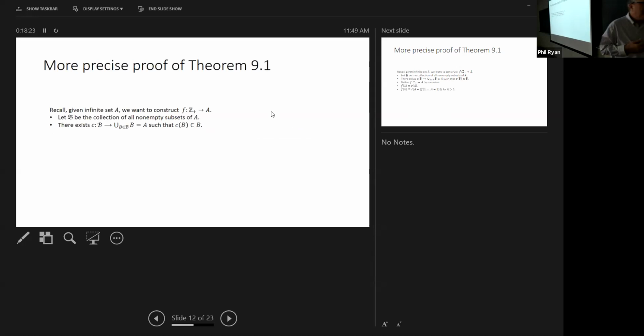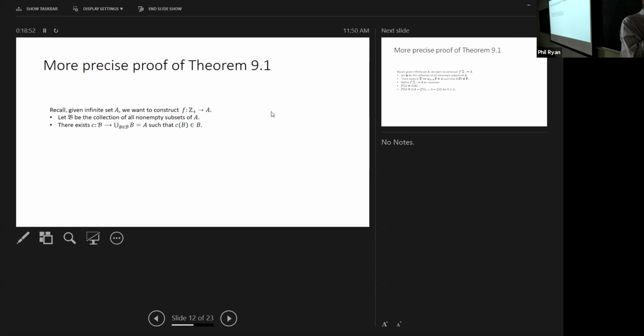So a more precise proof of the theorem, we can use the axiom of choice. Recall, we're given an infinite set A, and we wanted to construct a function from the positive integers to A. So we let our collection be the collection of non-empty subsets of A. Then we can apply the lemma to that.